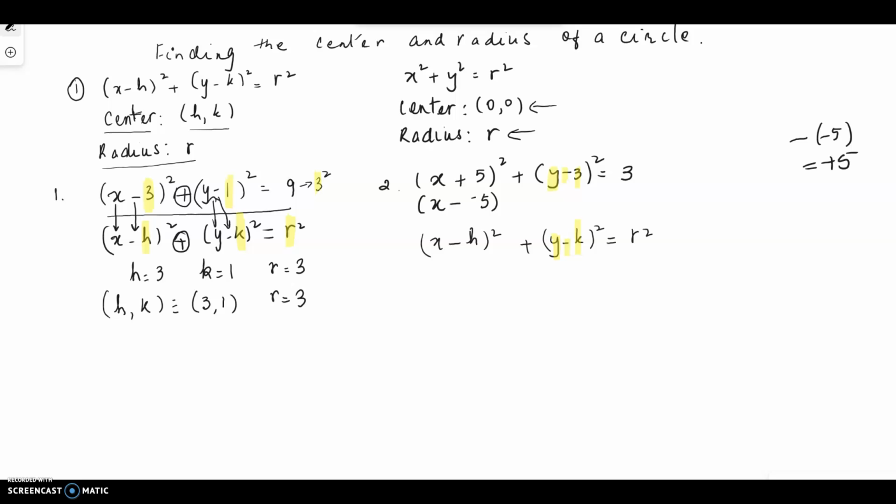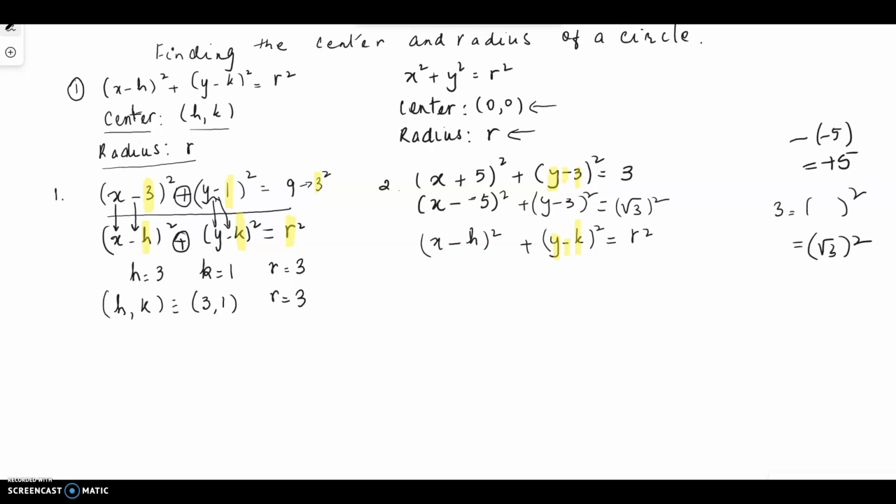So we're just rewriting x + 5 as x − (−5), the whole squared, plus (y − 3)² equals, now we want to write 3 as something squared. The only thing that fits inside is radical 3, the whole squared. So we have (√3)².